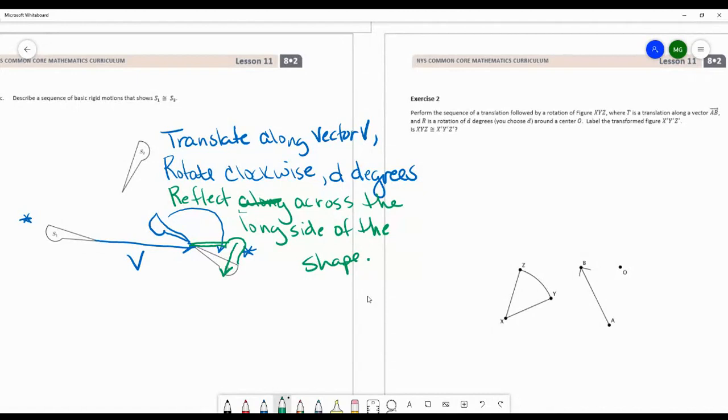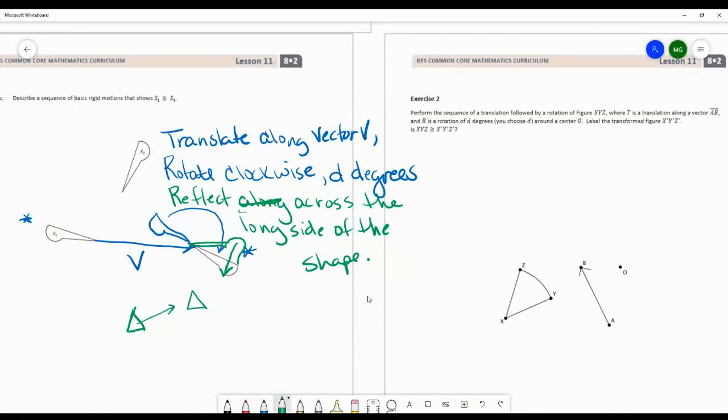Because we know that if we have any shape, and in this case we had an S1, I'm going to draw our little triangle right here. If we had this shape, and when I slide it or translate it, what do we know about that shape? Yeah, the sides are preserved, the shape is preserved, the angles are preserved.